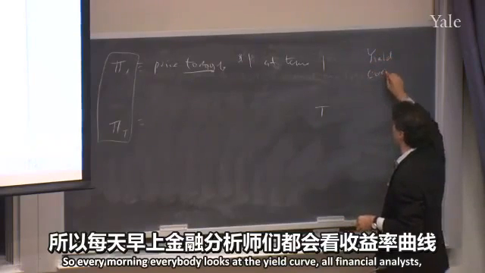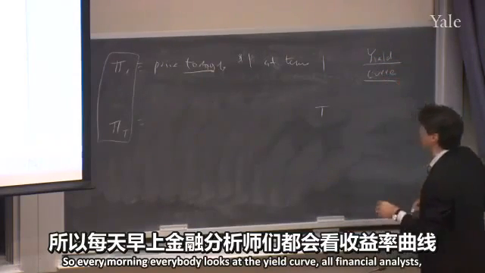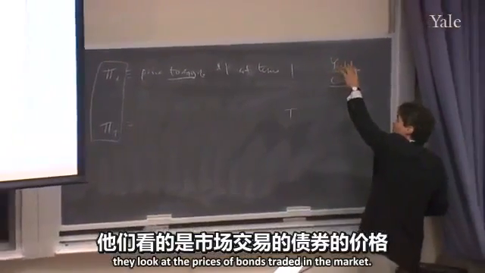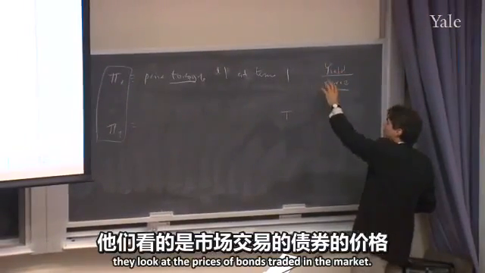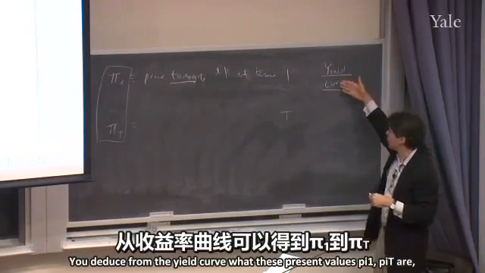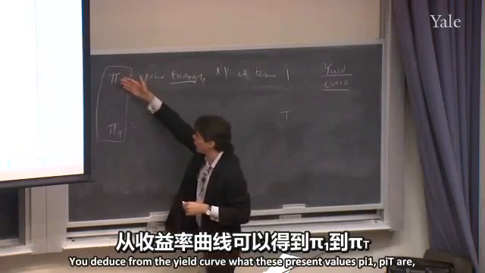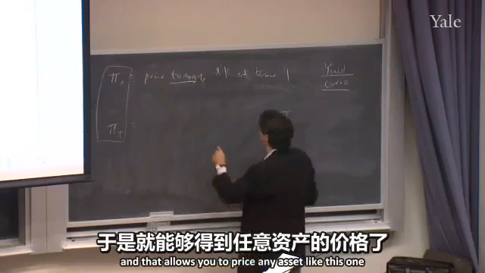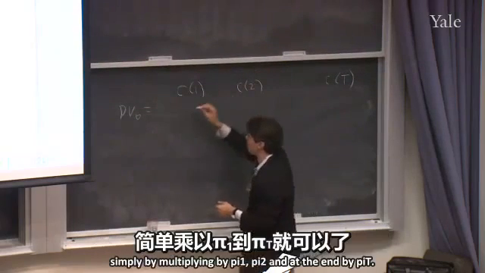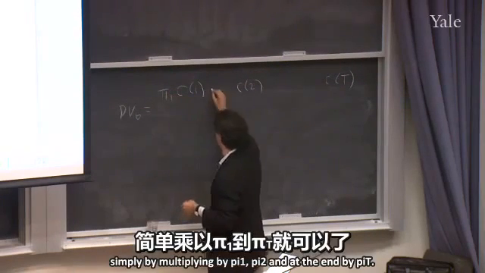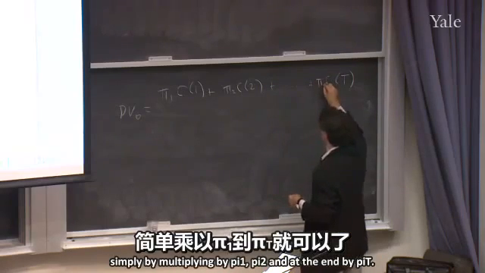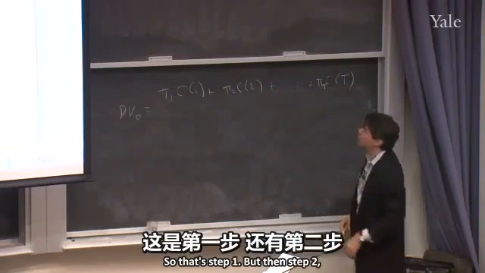So every morning, all financial analysts look at the yield curve, the prices of bonds traded in the market. The simplest form is the yield curve in the newspapers. You deduce from the yield curve what these present values pi 1 through pi t are, and that allows you to price any asset like this one simply by multiplying by pi 1, pi 2, and at the end by pi t. So that's step 1.